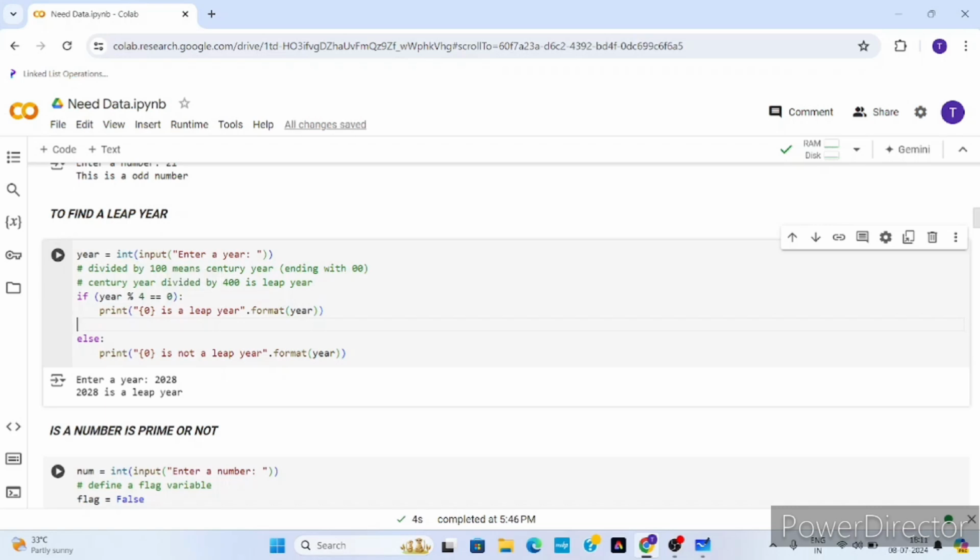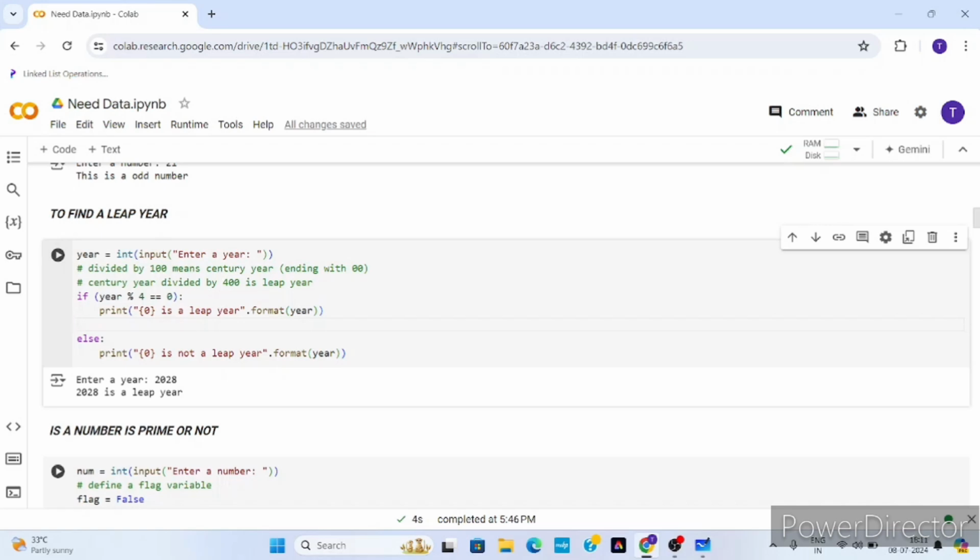If year mod 4 equal to 0, which means any value divided by 4 which returns the remainder value as 0, it will be a leap year. That's it. Let's take 2024 divided by 4, which will return remainder as 0. 2007, if you calculate, it will return 3 or something like that.